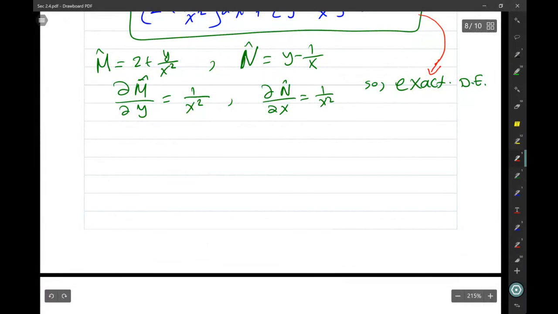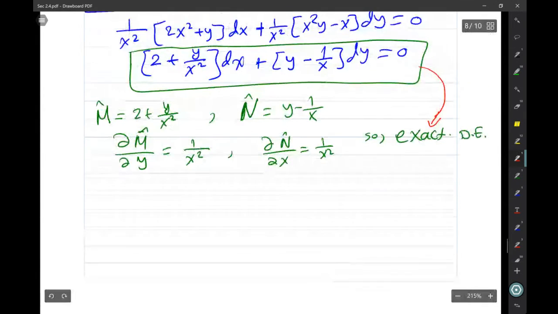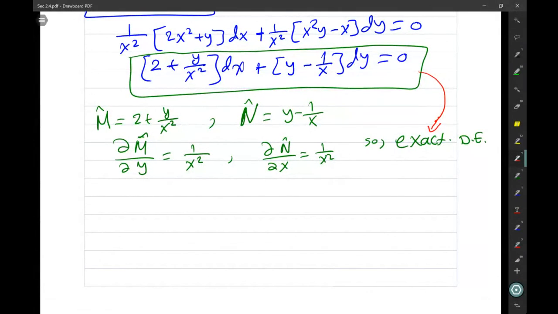Let's see now. I have to integrate either M or N, whichever you like.